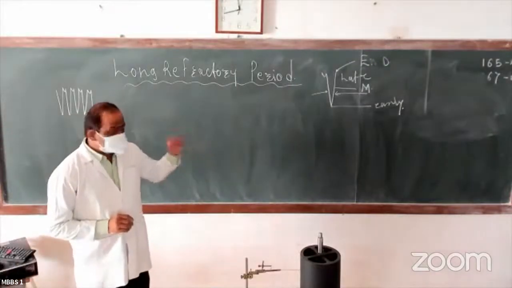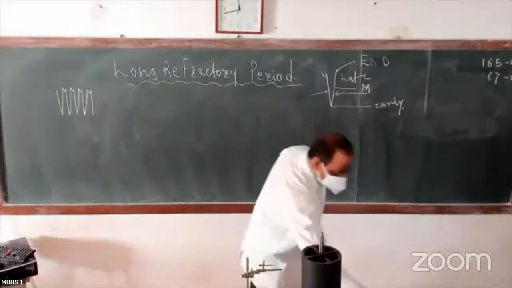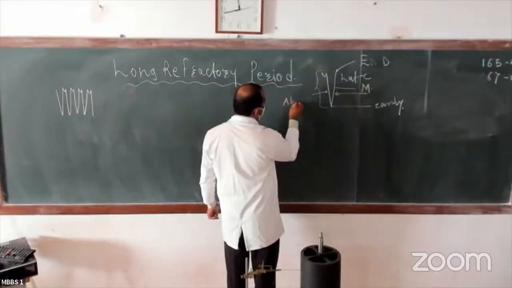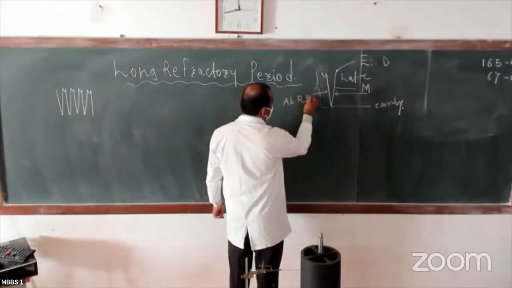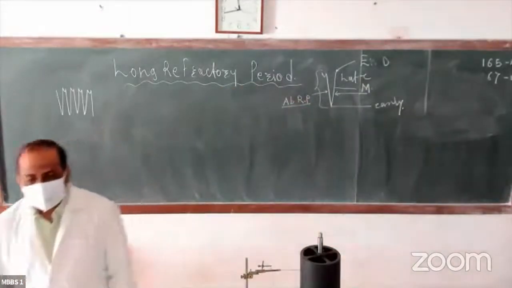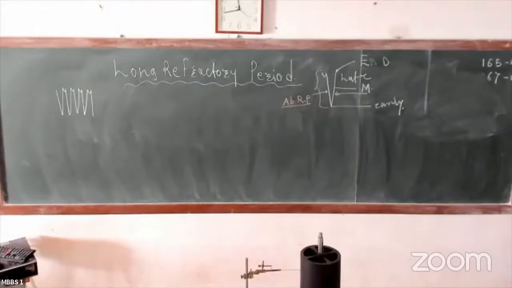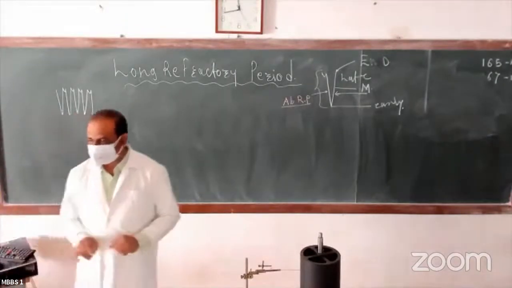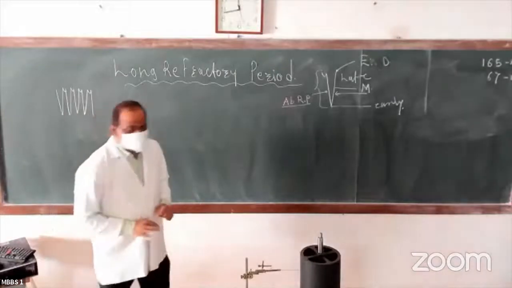In case of cardiac muscle, the whole systole shows the absolute refractory period. Whatever the period required for the systole, the whole period is absolute refractory. Is it clear?